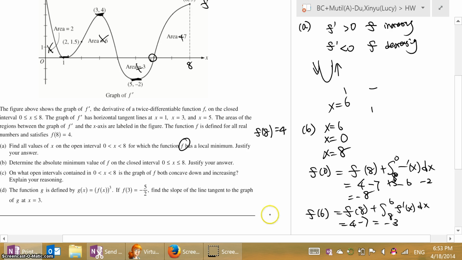We also know f(8) is just 4. So compare these 3 numbers. Negative 8 is the smallest, so the answer is at x equals 0, the graph of f has the absolute minimum, and it equals -8.